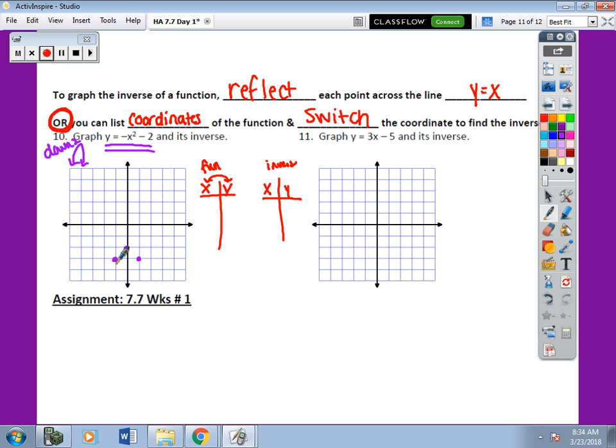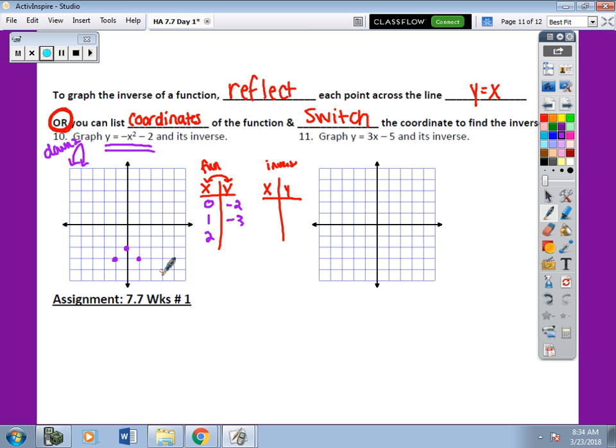Now, let's suppose you don't remember how to graph quadratics. You can just pick some points, plug them in algebraically, and figure out what the points are. So like 0 squared minus 2 is negative 2. 1 squared is 1. Negative 1 minus 2 is negative 3, and you can see that's what I got here.